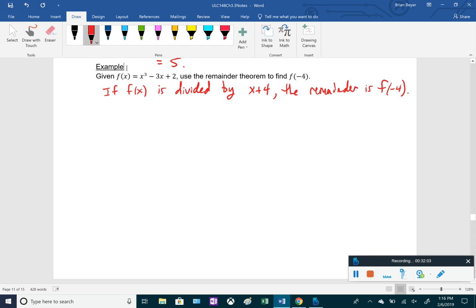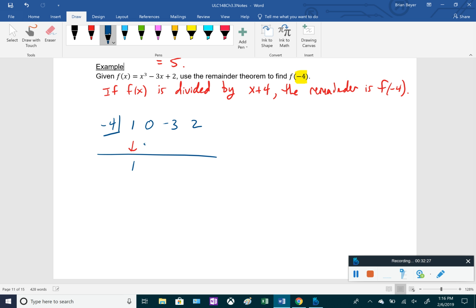Okay, so what we're going to do is divide by x plus 4, which means our c value is -4. So all you have to do is take the value and use that as your c value, and then do synthetic division. So the coefficients are 1, there's no x squared term, so 0, and then -3 and 2.